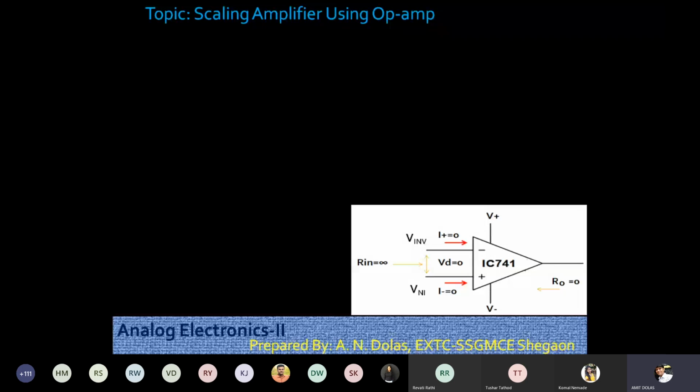Before learning the scaling amplifier, you should know what an ideal op-amp is, because whenever we analyze a certain circuit using an op-amp, we should know the ideal characteristics. You can see a small circuit on the PPT which has an operational amplifier.